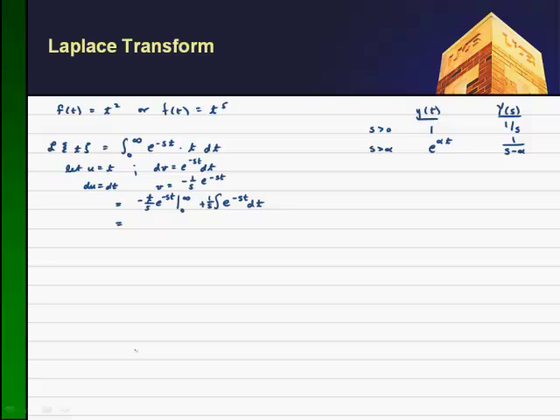So that thing should drive to 0, and this minus is going to be a plus. When I plug in t equals 0, e to the 0 is 1, and I'll get 0 as well. So this entire thing is just 0. And then here I get a plus 1 over s.